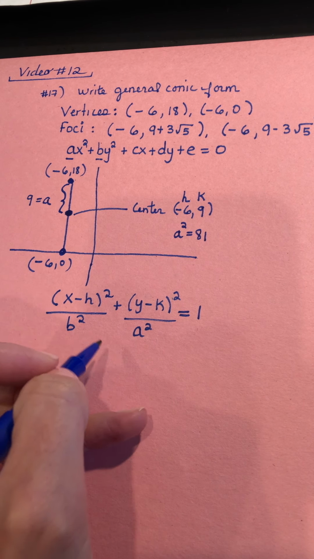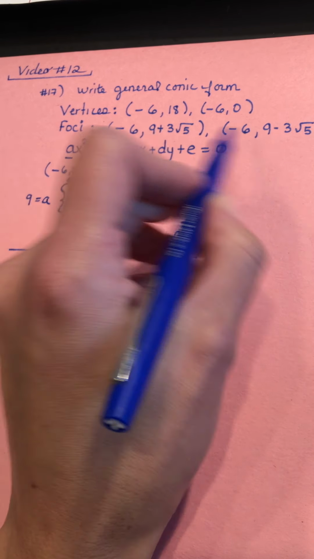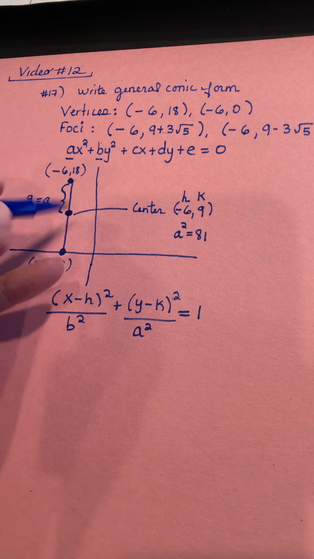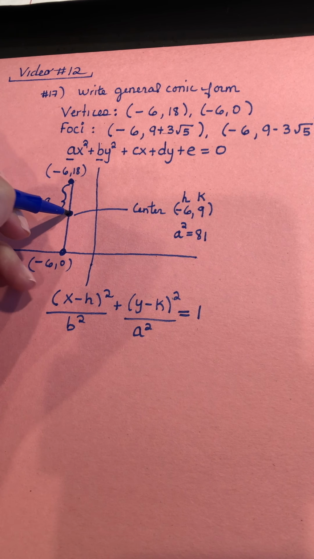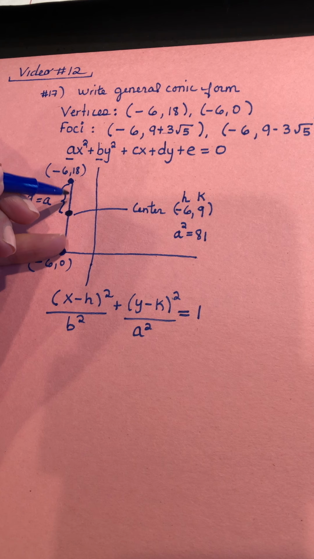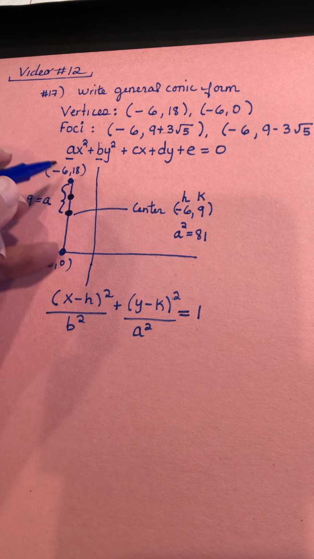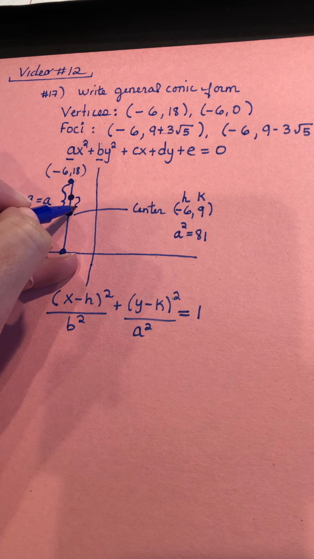Okay, now I just need to find b squared, but again, I'm going to need my foci for some hints. So let's just graph where these are. One is at -6. I'm going to go up 9, which is going to get me here, plus another 3√5. So I'm somewhere here. Okay, that's one focus. Now, to get the letter c, I know that it's this distance here.